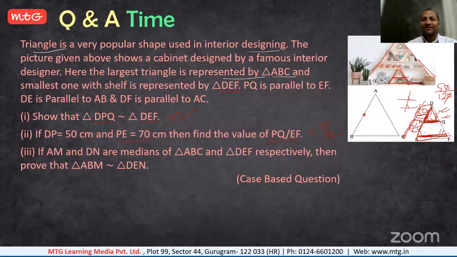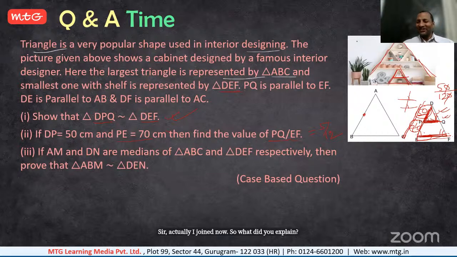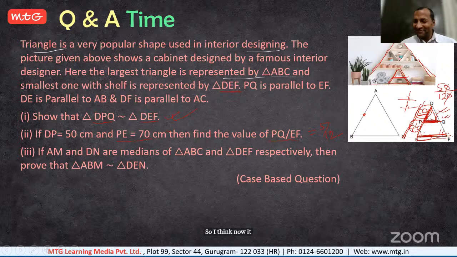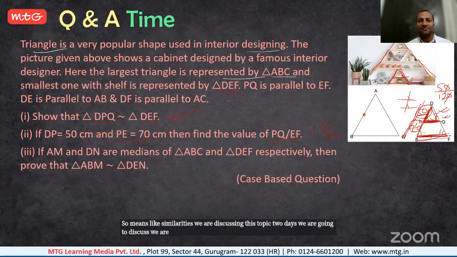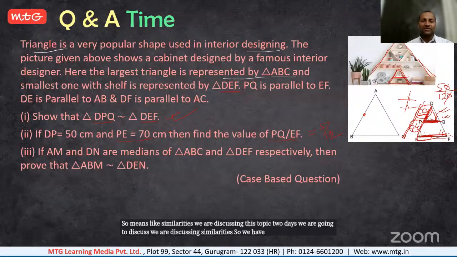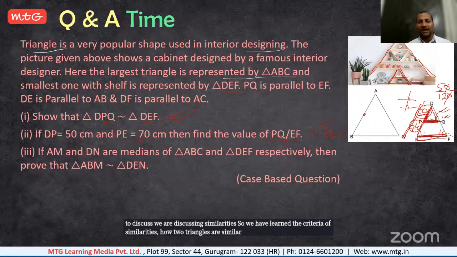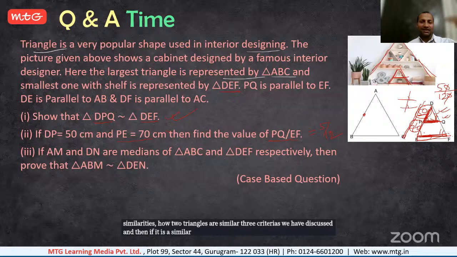Sir, actually I joined just now. Beta, it is already 54 minutes past. We are discussing similarity, this topic for 2 days. We have learned the criteria of similarity, how two triangles are similar, the 3 criteria we have discussed. And then if they are similar, what properties follow: their ratio of sides will be equal, their angles are equal.